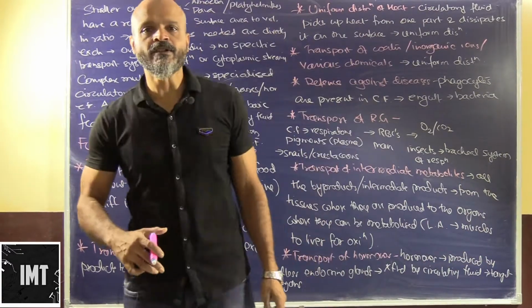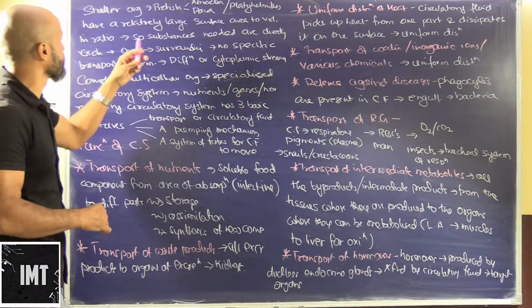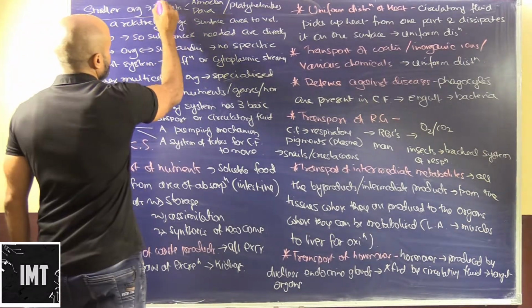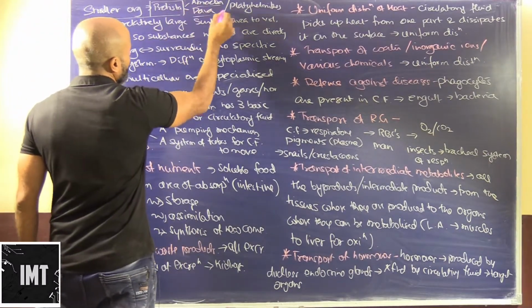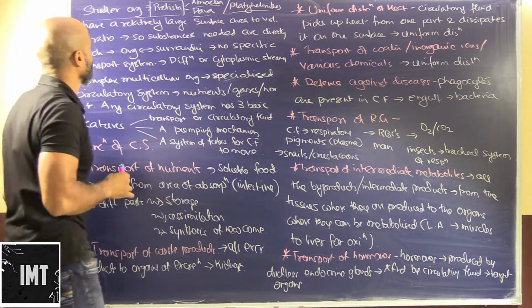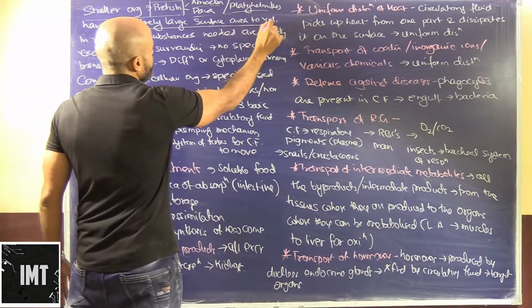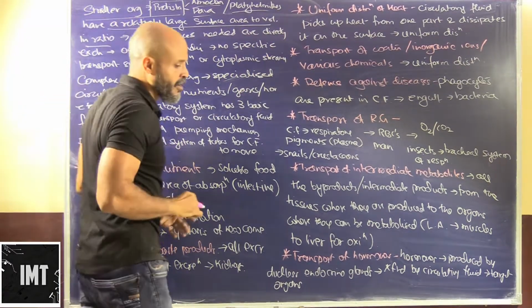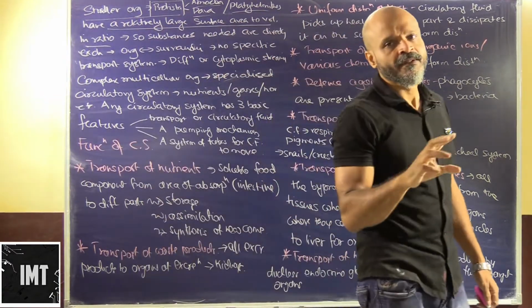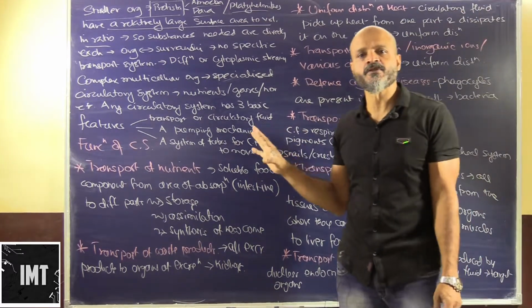Okay, so when we talk about smaller organisms, like Protista, maybe Amoeba, Paramecium, Platyhelminthes, they have a relatively large surface area to volume ratio because in them the circulatory system is not present.